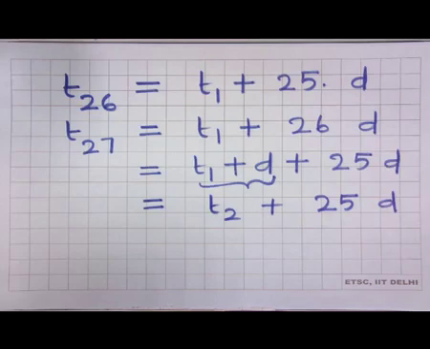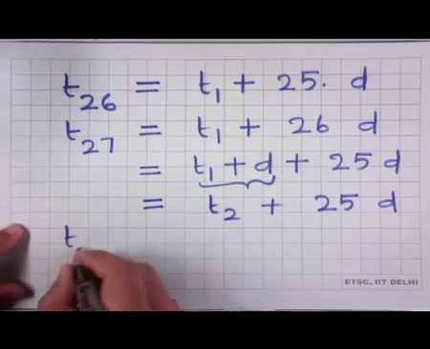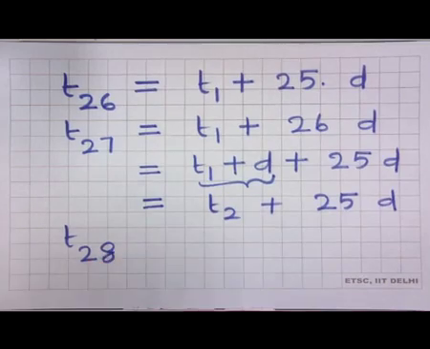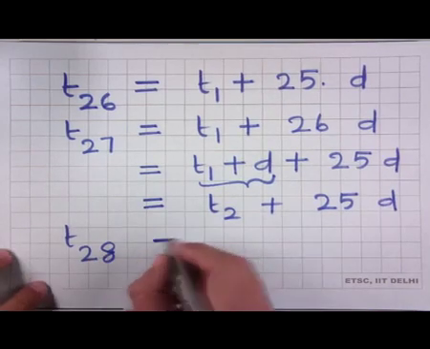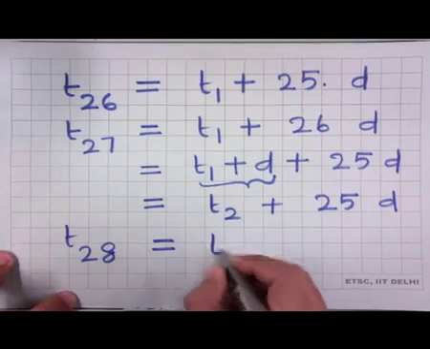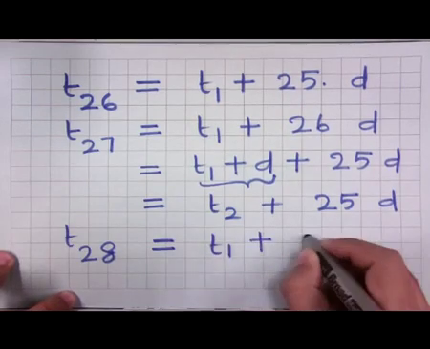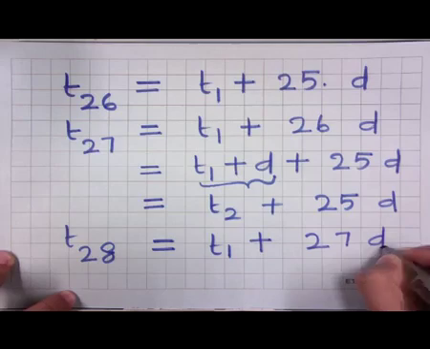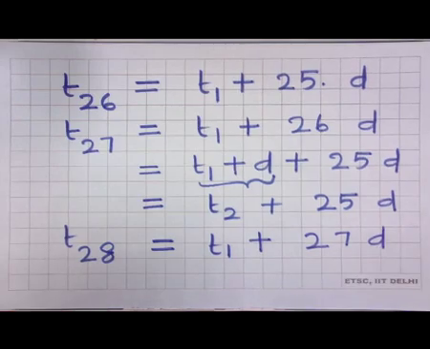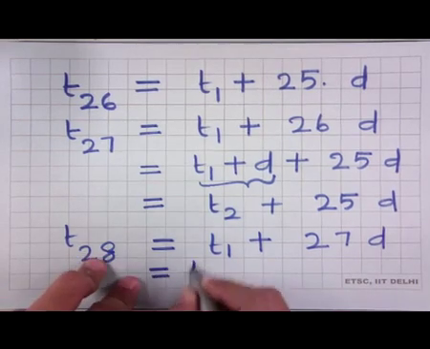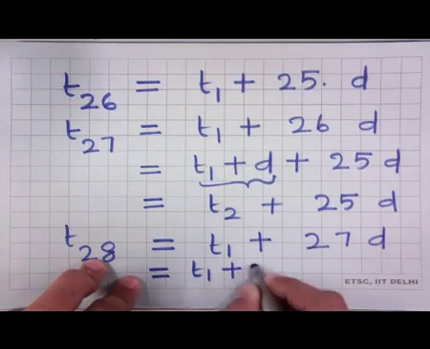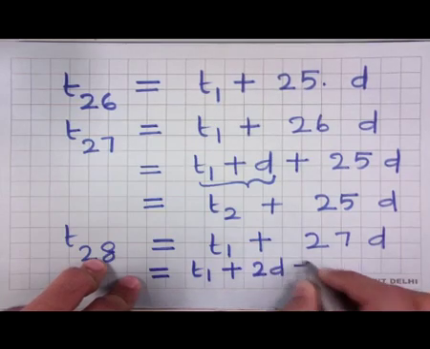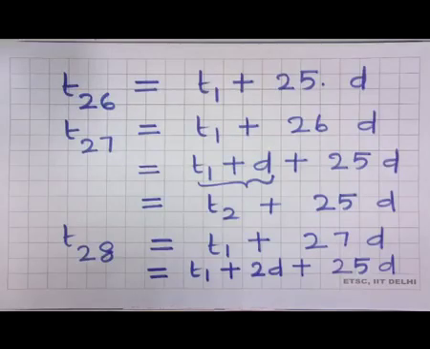In a similar fashion, the 28th term, which is given by the formula first term plus 27D, can be rewritten as first term plus 2D plus 25D. Now, observe that T1 plus 2D is the third term.